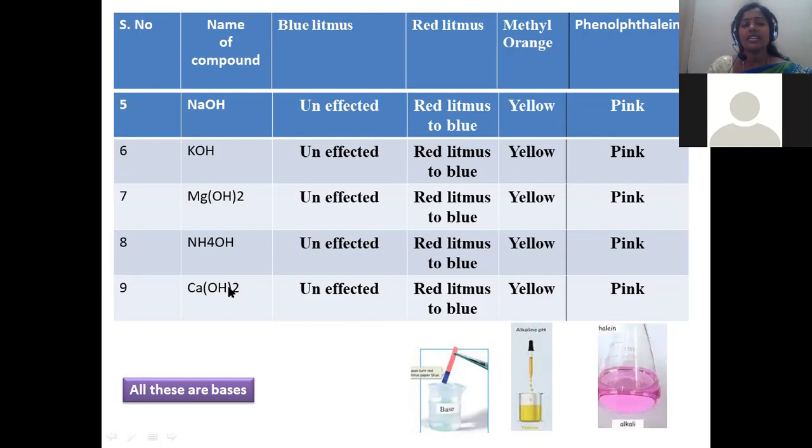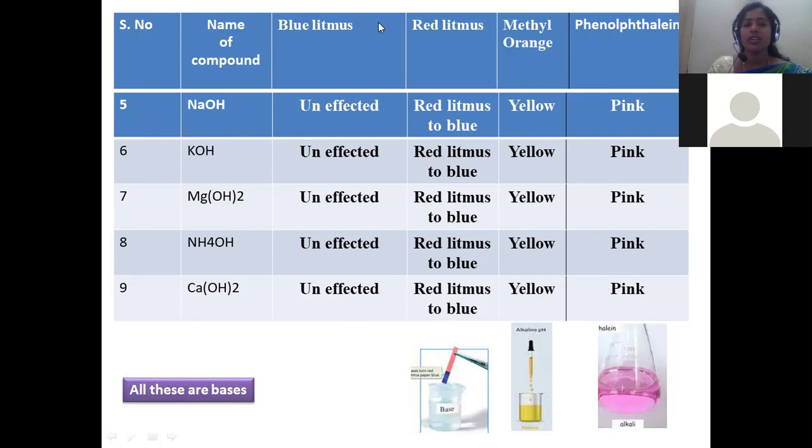All these are basic substances. All these are able to release OH minus into water. Hence, the phenolphthalein color will be pink, and it is represented in this conical flask, right? So based on all these reaction conditions, you can conclude that the given compound is a basic compound, a base.